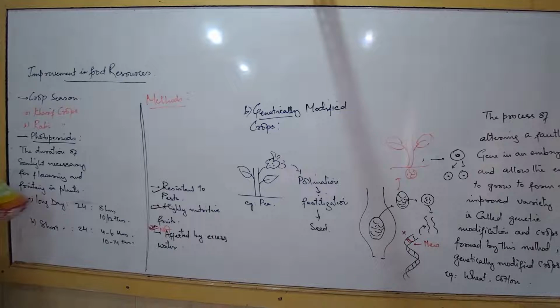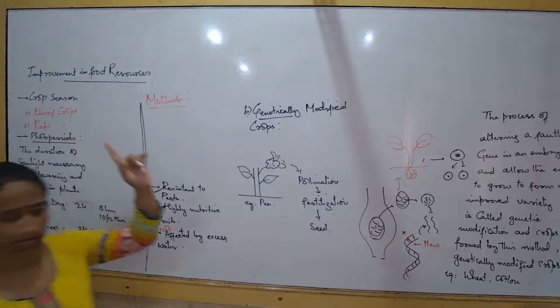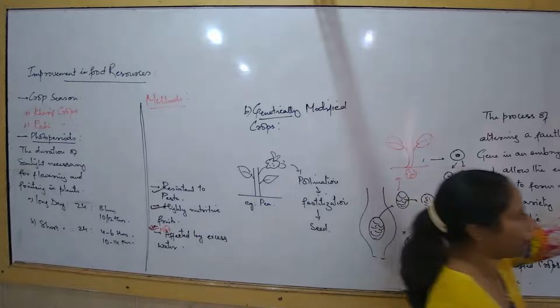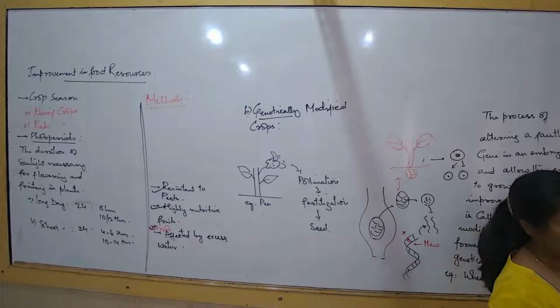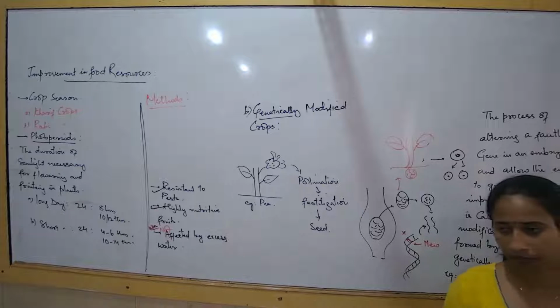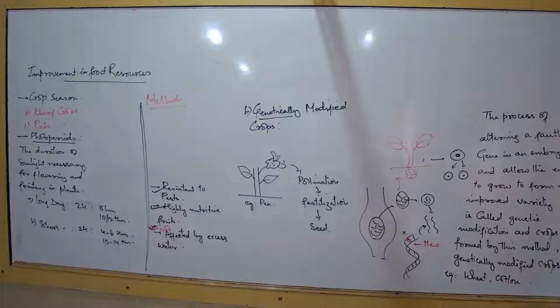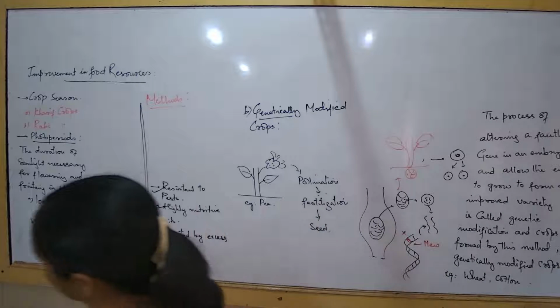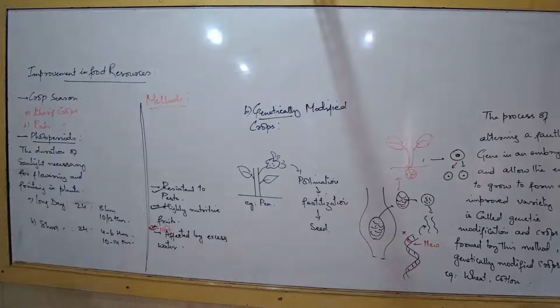Write two differences between, what were the two methods we had studied? Write two differences between hybridization and genetic modification methods.